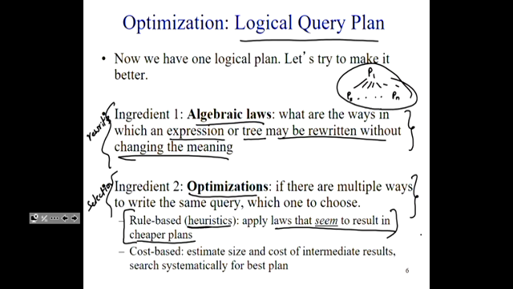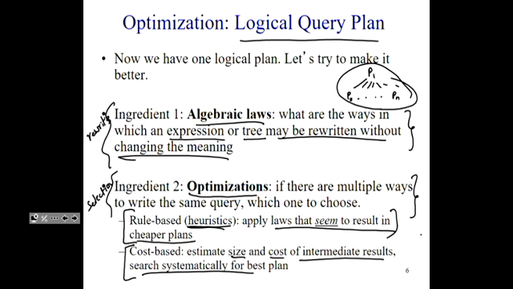These are essentially heuristics. Another style of optimization is cost-based optimization. Here we are systematically looking at the size and cost of how much the plans take to execute. So we look at the intermediate results and then search systematically for the best possible plan.